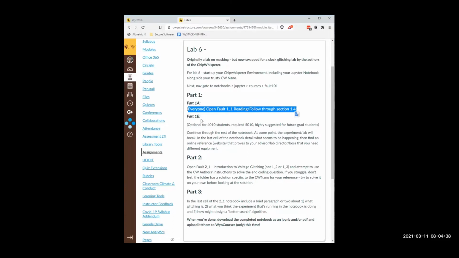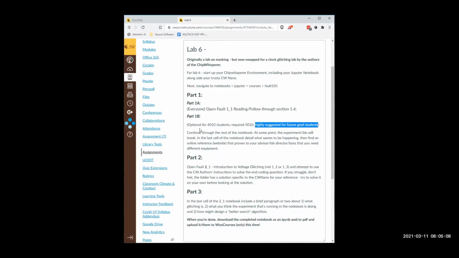Now, part 1B is optional for all the undergraduate students in 4010. Optional, okay? Required for all the 5010 graduate students. And while I can't require it, don't want to require it, highly suggested for future graduate students, really anybody who thinks they're ever going to do experimental work of any kind. So part 1 is literally just reading through to understand what glitches are.